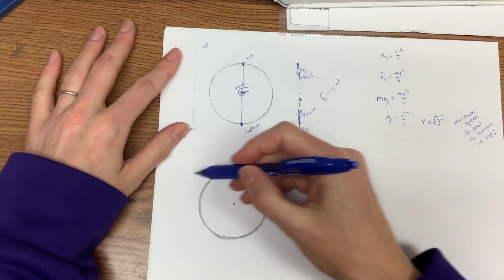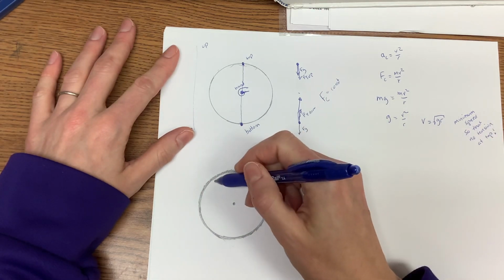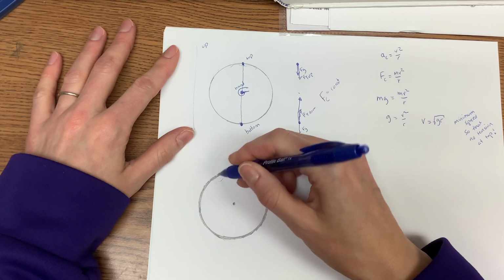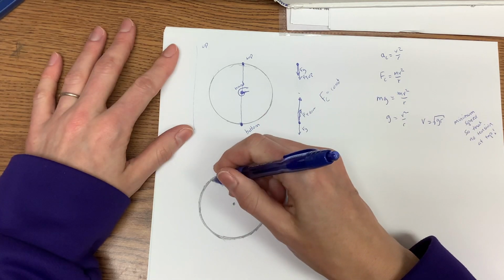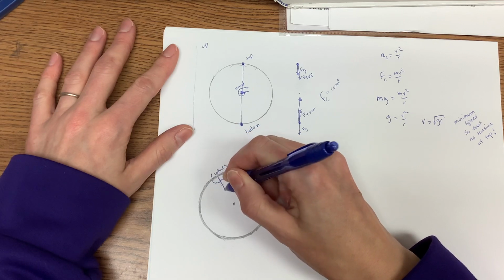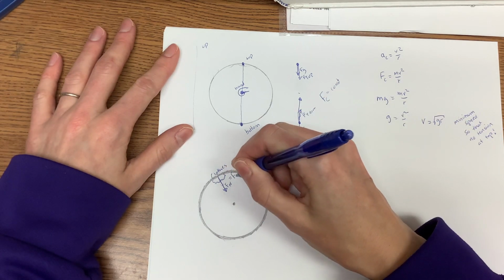The water actually goes out this way, not straight out. When I have the clothes on the inside, the normal force is going to be providing the central force.